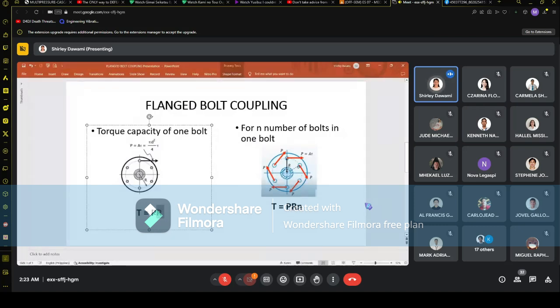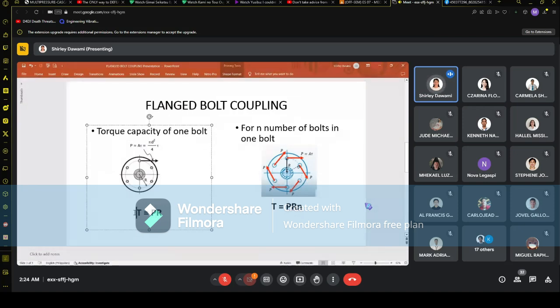R is the radius, P is the resisting force, which is the shearing force, which can be expressed as area times the shearing stress. Okay? So each bolt has the same torque capacity. This is the maximum torque which the bolt can resist without failing. Okay?